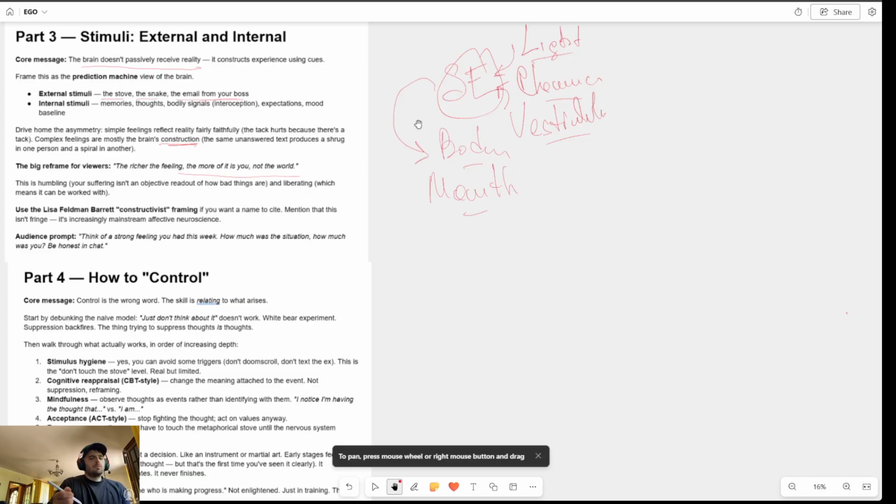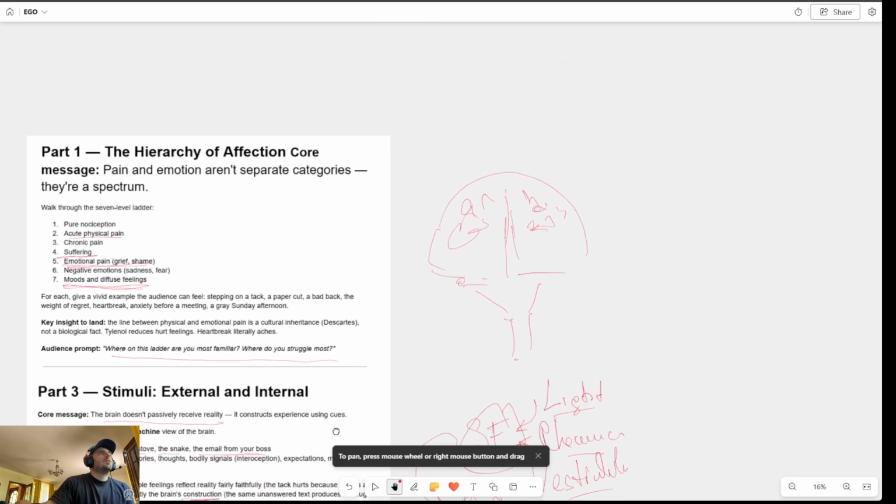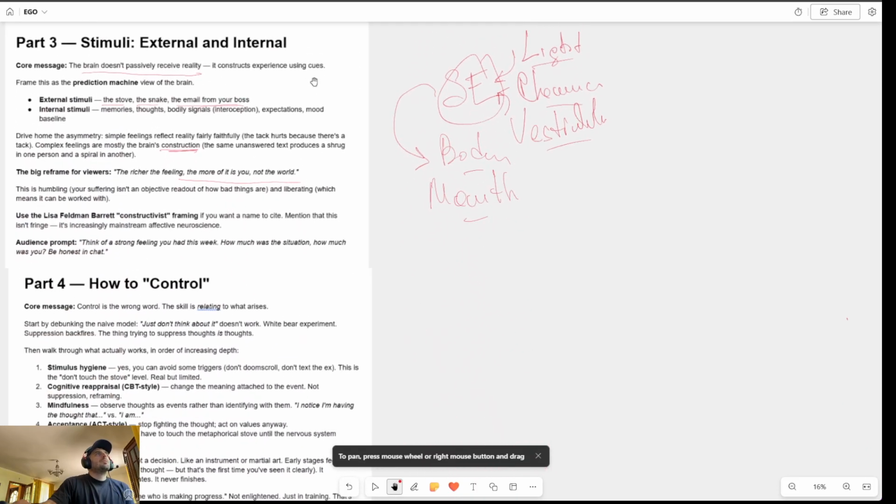the next one, affection. The next part in affection requires more moving parts. You've got light, you've got chemical, you've got vestibular, you've got different body muscles and so on. What that means is this thing, in order to work, requires more sophisticated selection.